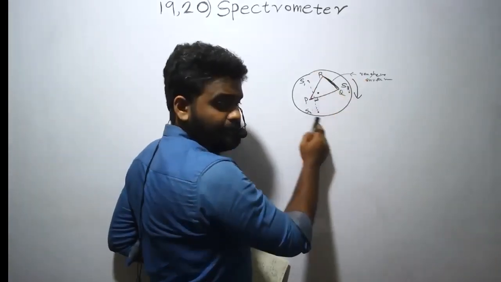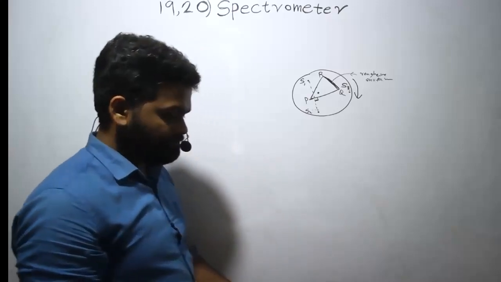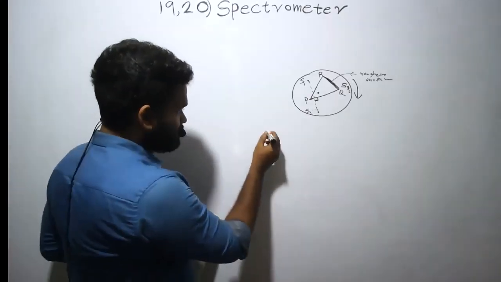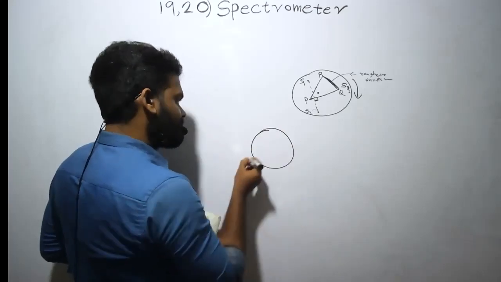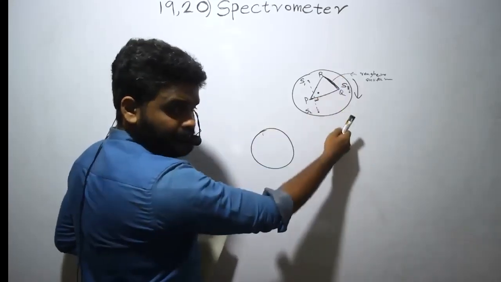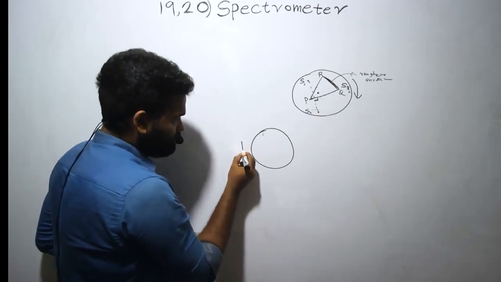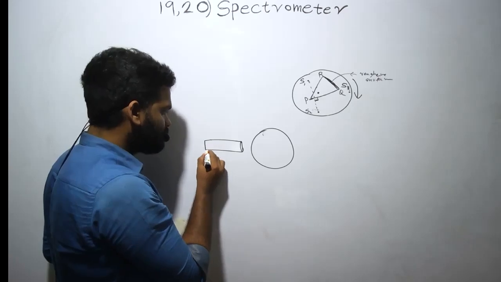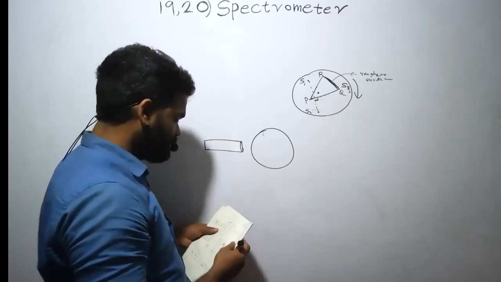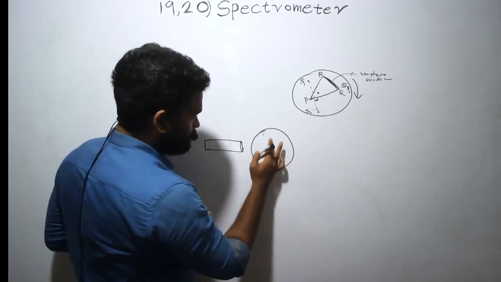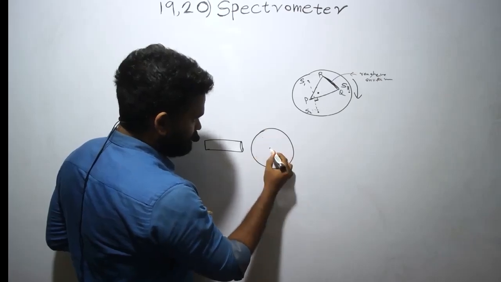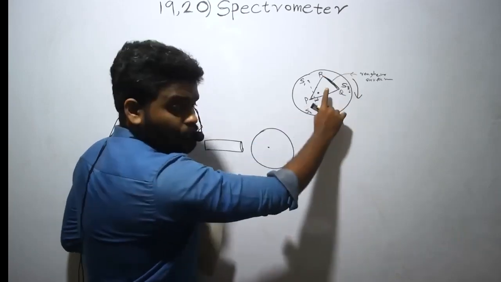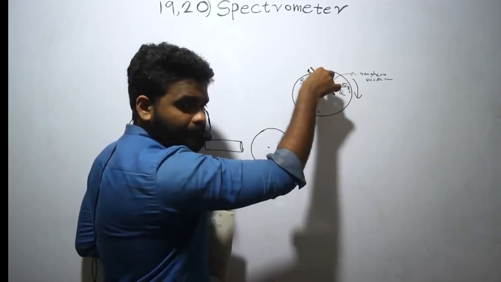Now you rotate the prism table. Then you will see something like this. You have the collimator here, and from the collimator you get parallel light. Let's say the center is here. You don't touch the prism now, you have already placed the prism.